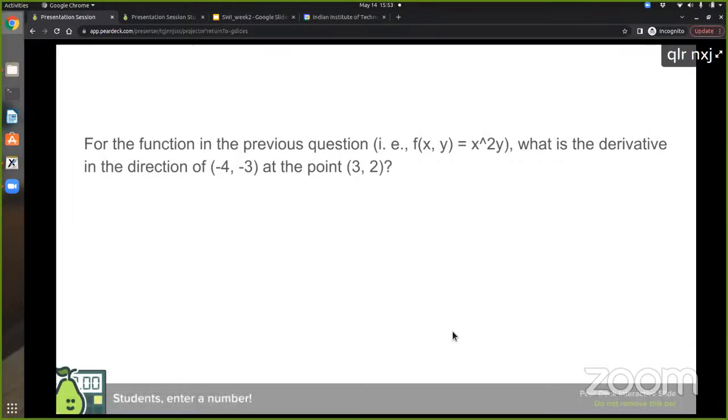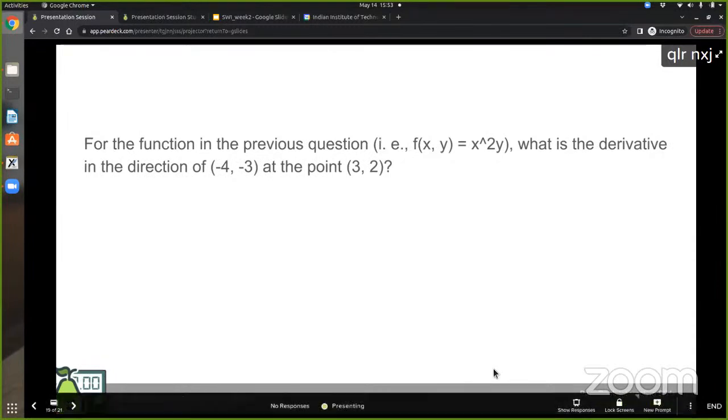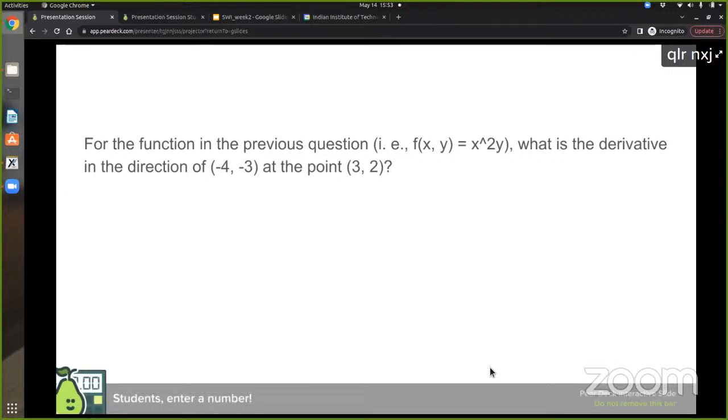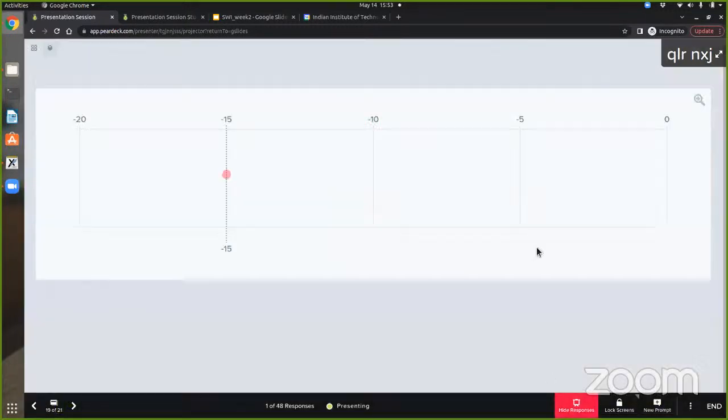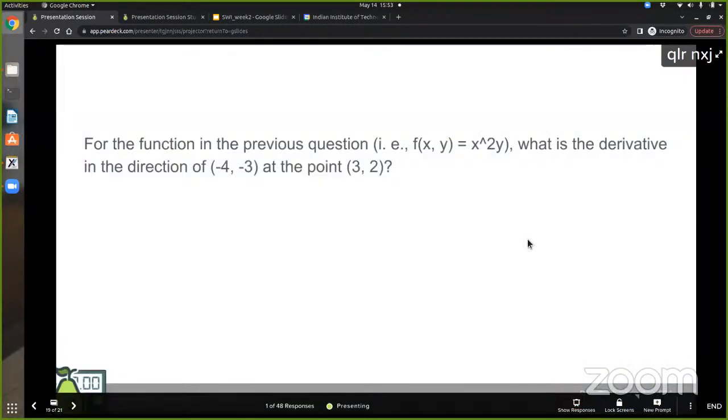So can you tell me what will be this value? -12, is it? No, -15. -15, madam. Correct. -15 is correct. So is everyone getting that?